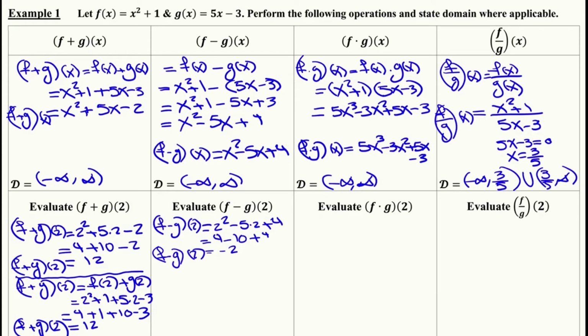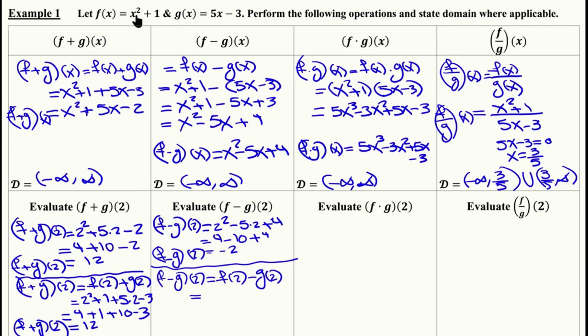Notice that we could have also done it directly again by realizing that f minus g of 2 by definition is f of 2 minus g of 2. We could have bypassed having to use this altogether, and then we could have just gone directly to the definitions of f and g.